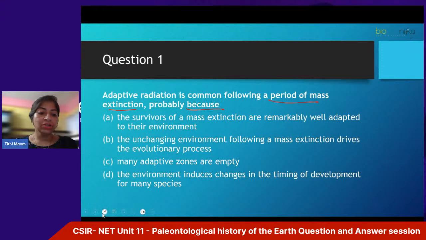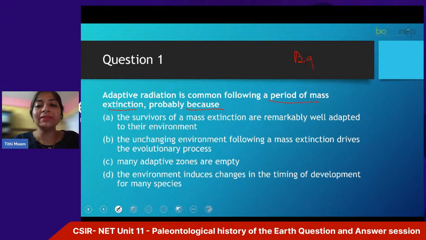Amrita, correct. So what it is saying is that adaptive radiation is common following a period of mass extinction. I have told you in the class that in the entire history of life on Earth, there have been five mass extinctions, the big five we call it. Now, some scientists think that we are right now in the middle of the sixth mass extinction, but there are different thoughts.